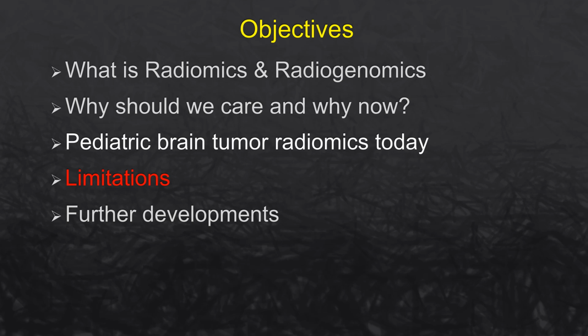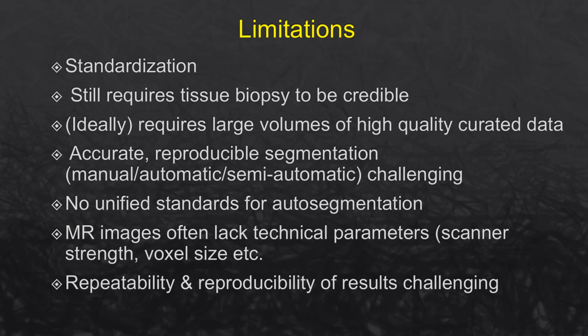What are the limitations? The limitations of radiomics or radiogenomics are primarily standardization. Standardization is the basis of robustness, reproducibility, and generalizability. Current standards lack results validation. There are incomplete results reports and unidentified confounding variables in the source database, especially for retrospective data.